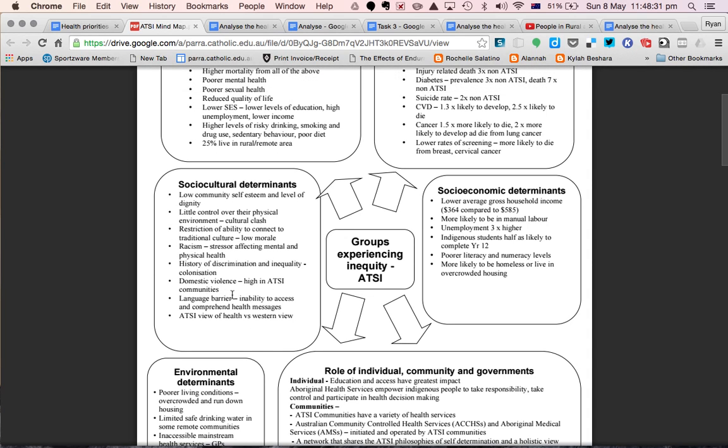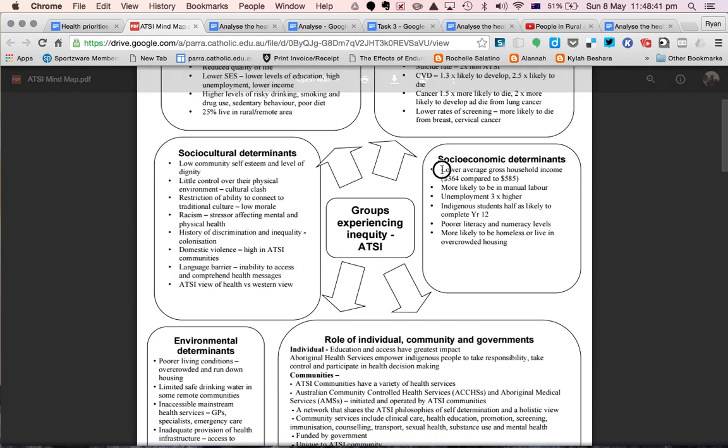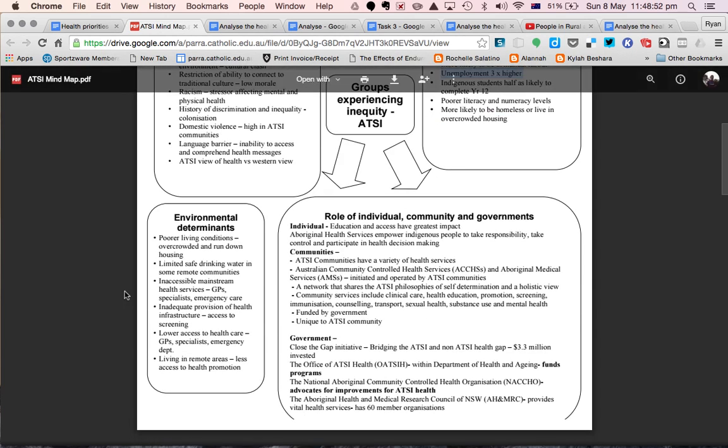So you can see I've got history of discrimination in there for ATSI groups, which I've already discussed, domestic violence, socio-economic determinants, lower income, jobs, more likely to be manual labour, unemployment, etc., education levels, environmental determinants, all about access to services, lower access to healthcare, infrastructure, etc.